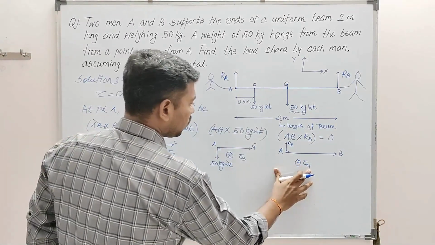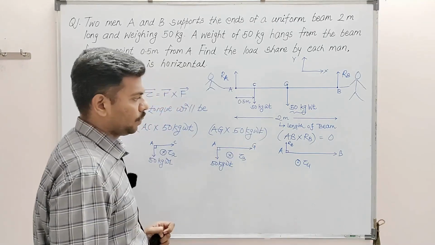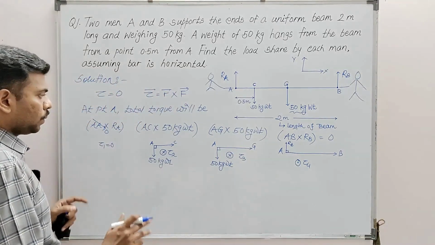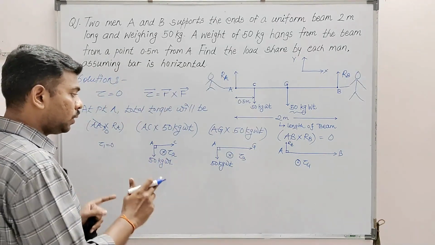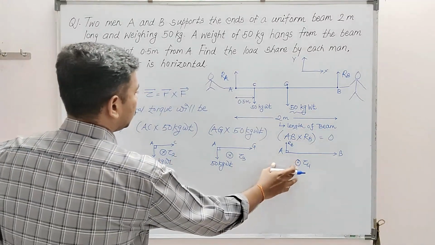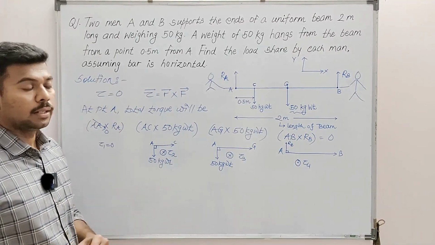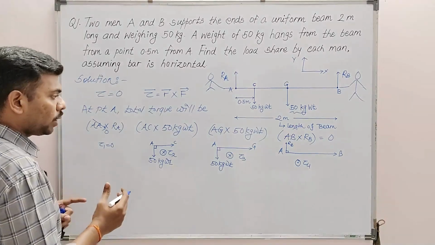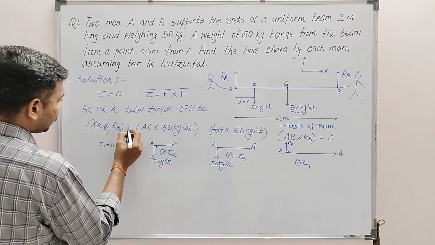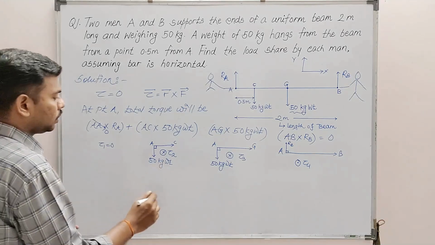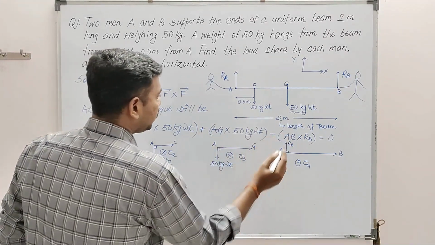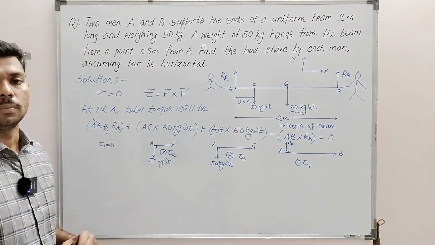So torque 4 is written in this way. Now we can assume that the torques going into the plane are positive and the torques coming out from the plane are negative, and accordingly we can assign the signs. So positive sign for the torque into the plane and negative sign for the torque out from the plane.